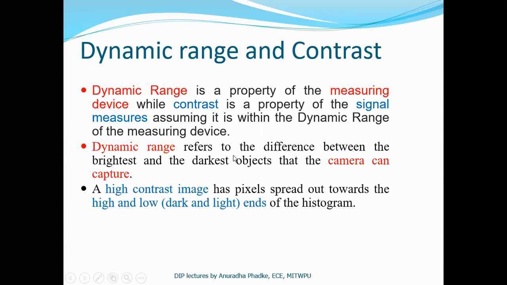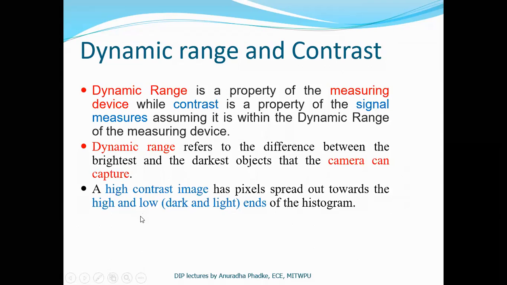Dynamic range refers to the difference between the brightest and the darkest objects that the camera can capture. So we can have a particular dynamic range for a given camera, and this dynamic range is nothing but the difference between the brightest and the darkest level the camera can capture. And what is contrast?